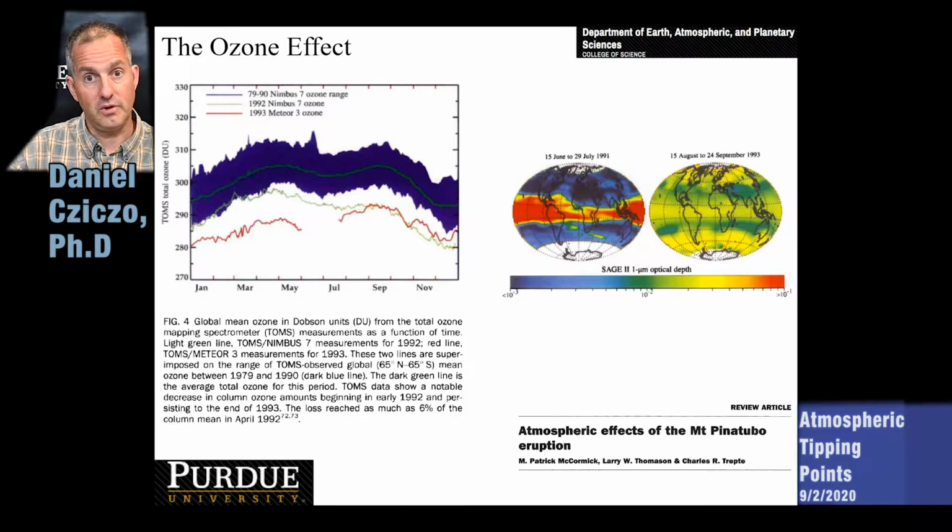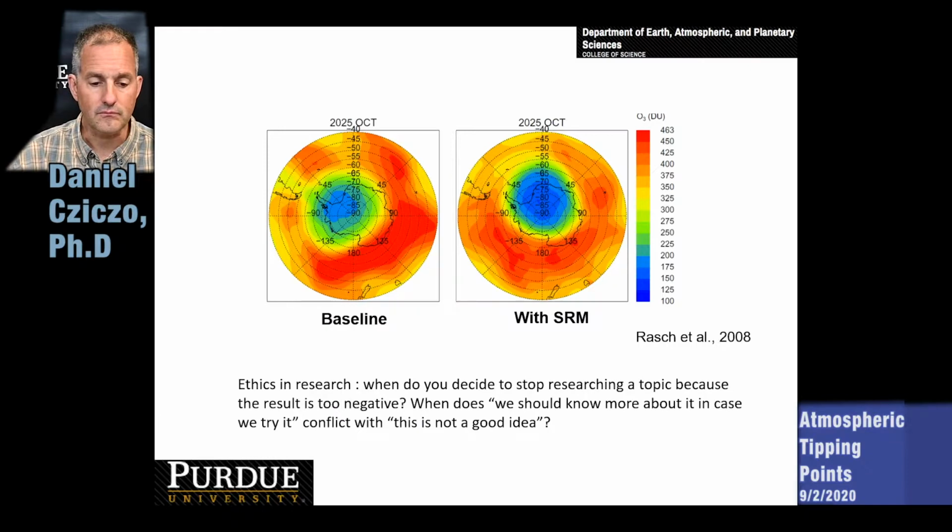So if we start putting these particles into the stratosphere, we have a very high probability of reducing ozone and increasing skin cancer as a consequence of, again, this attempt to drop the temperature of the planet.